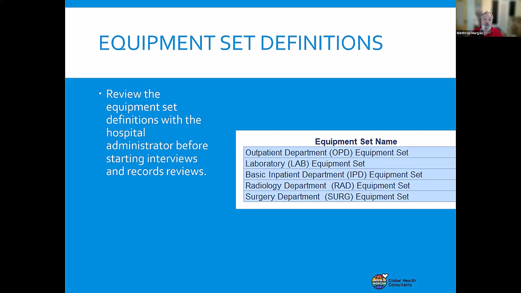So that was where most of the equipment was. And then laboratory was interesting. While there's a lot of equipment in laboratory, we found that at least with SETA, with typhoid, the only things that they really were using for equipment was centrifuges.